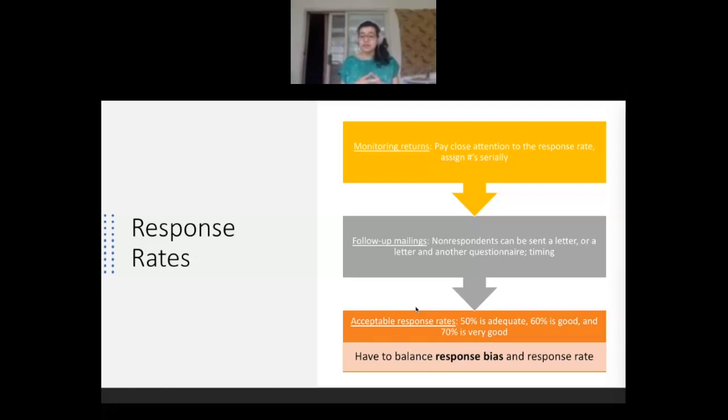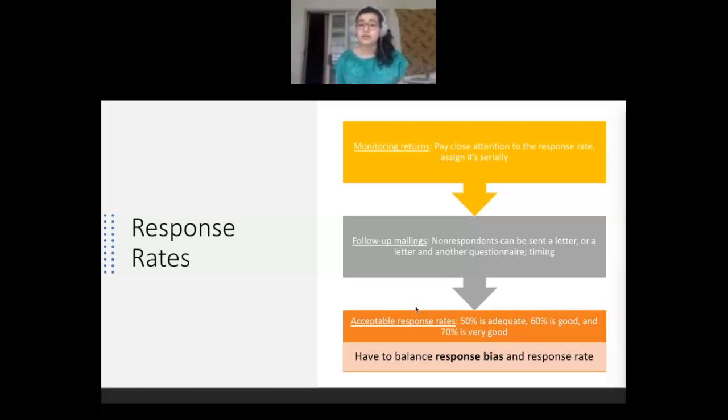And the way you can get at this is there can be incentives. I recently got a questionnaire in the mail and there was a dollar bill in it, and the questionnaire said that I would get more money if I submitted it. So that's a way to increase response rates.